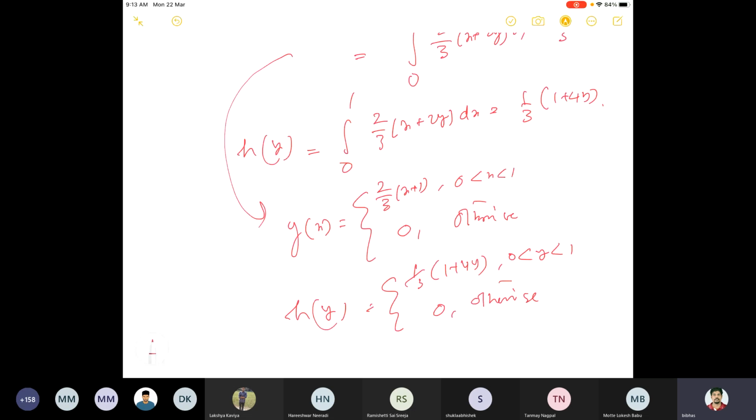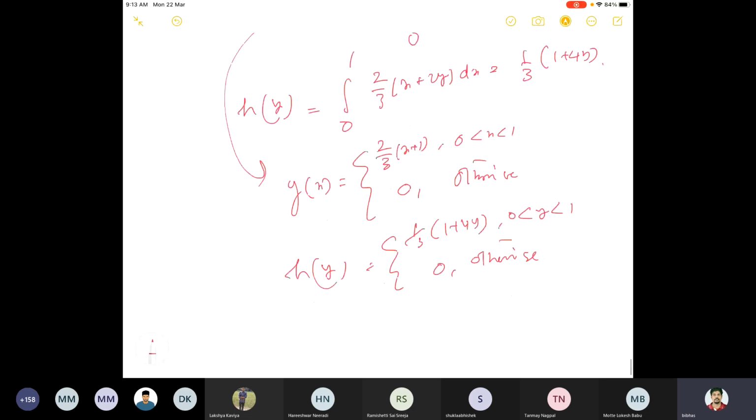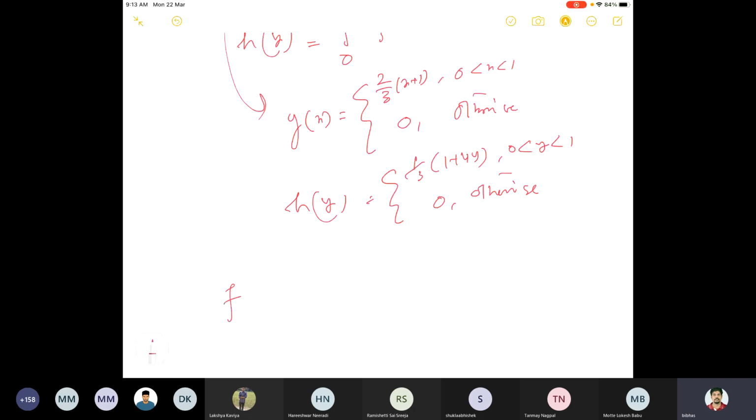Now suppose we are interested in the conditional, so we can write f(x given y), which is f(x,y) divided by h(y).